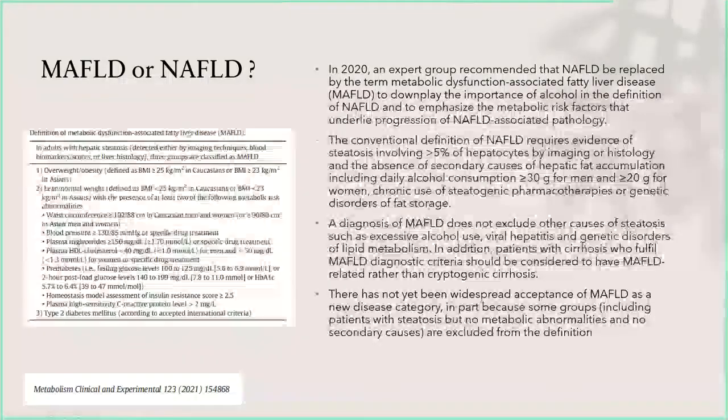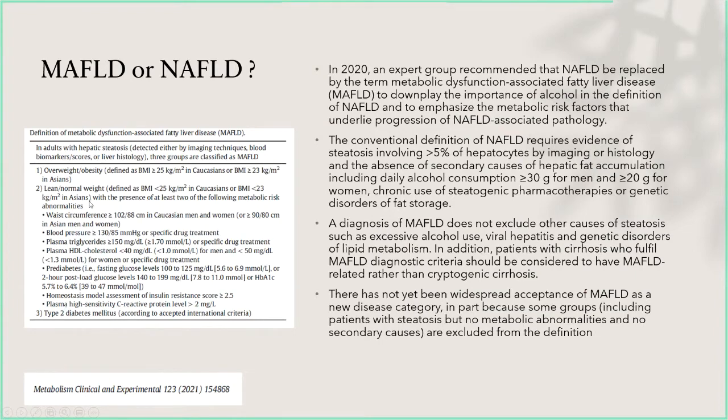So you can see here that the definition that has been proposed is to include adults with hepatic steatosis, and 3 groups are classified. That means, one, they have hepatic steatosis by one of the criteria for measuring it, that they're overweight or obese, and if they're lean or normal weight, they have these additional things: waist circumference, blood pressure, plasma triglycerides, plasma HDL, prediabetes, 2-hour glucose, insulin resistance, high CRP, and then type 2 diabetes.